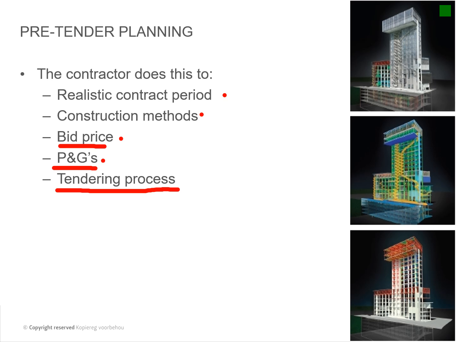Or it can be the reverse. You might be able to do this project in 5 months, and then you can work out, okay, I can get a competitive edge over my fellow contractor by doing it quicker, so I'm going to price my P's and G's lower because of that.